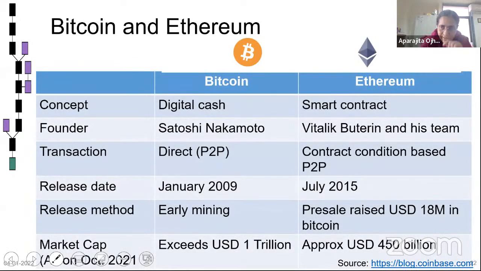Now, in summary, if I look at these two, Bitcoin and Ethereum blockchain, the concept of Bitcoin blockchain was digital cash, whereas Ethereum, which is a second generation blockchain, has smart contract as the main concept, not the cash, but it definitely depends on cash.